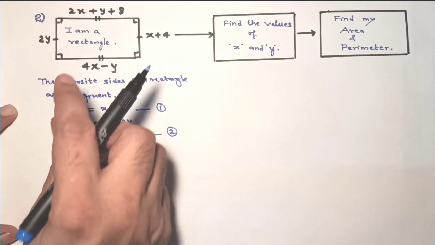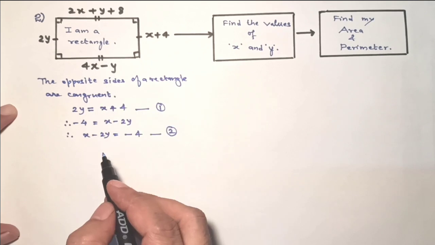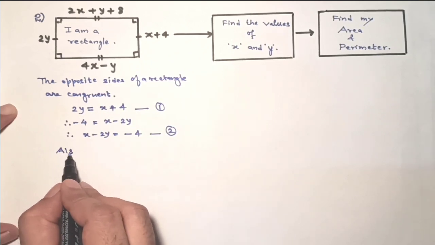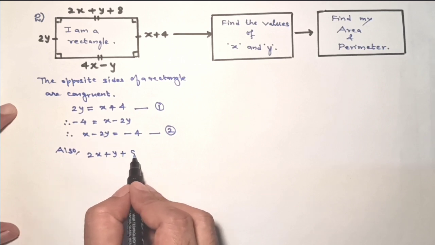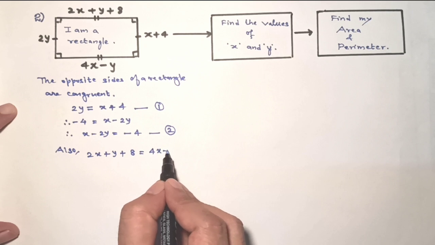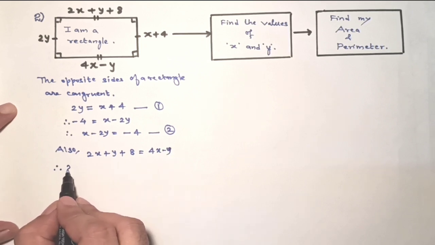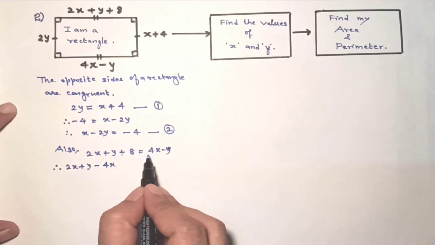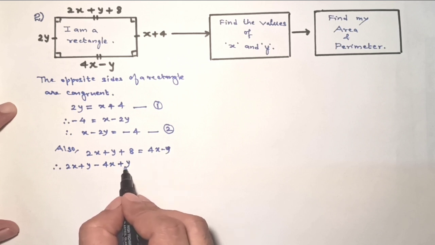Come to the other sides. So you can write also 2x plus y plus 8 is equal to 4x minus y. Now you take this side, so you can write 2x plus y minus 4x, because this is plus, so goes this side, becomes minus, and this minus becomes plus.